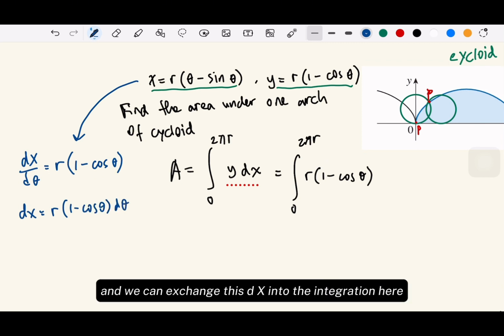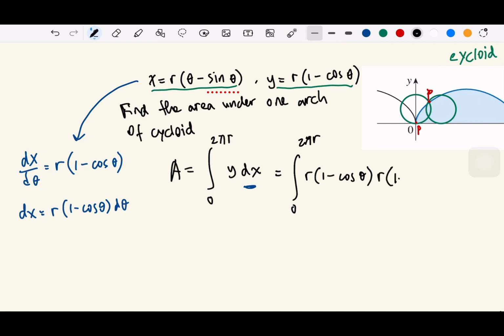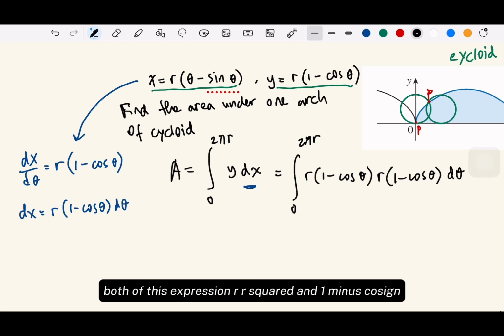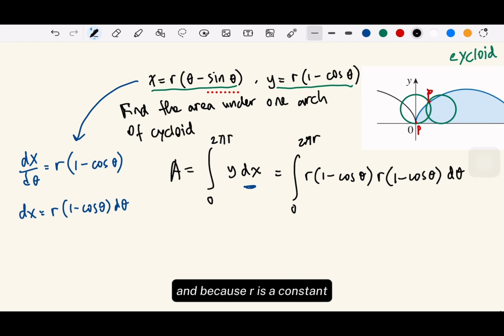Okay, and we can exchange this dx into the integration here, right? So this will multiply with r(1 minus cos theta) d theta. So I think we can make it squared, both of these expressions, r squared and (1 minus cosine theta) squared. And because r is a constant, I can take out r.